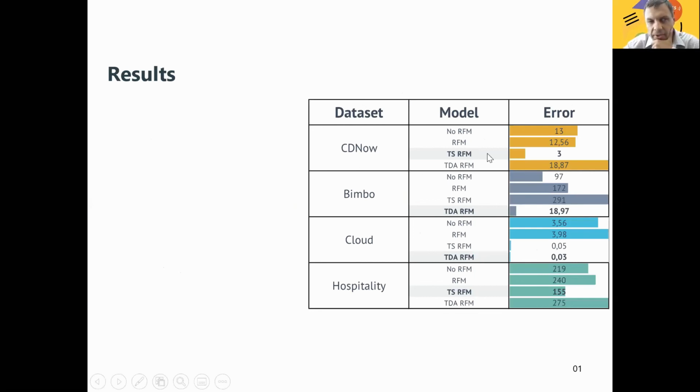If we use topological features combined with this RFM concept, then the accuracy increases significantly. These are 4 different data sets for customer demand forecasting, and we showed that we can significantly improve accuracy if we use these topological data analysis features.